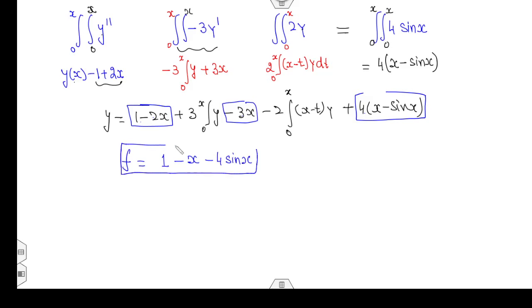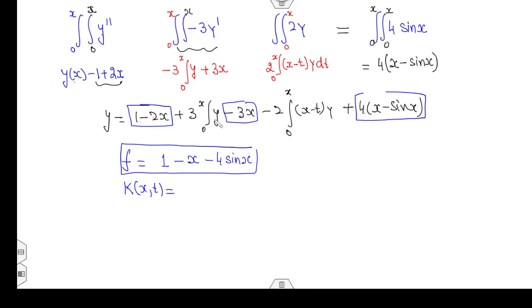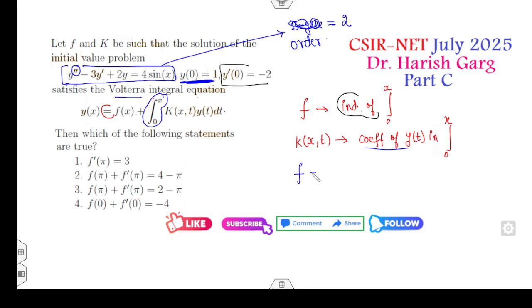Is it okay? And if somebody asks you to find the value of k, it is the coefficient of y of t in the integration. So what is the coefficient of this integration? It is 3. Coefficient of this integration is minus of 2x minus t. So therefore your f is 1 minus x minus 4 sin x.